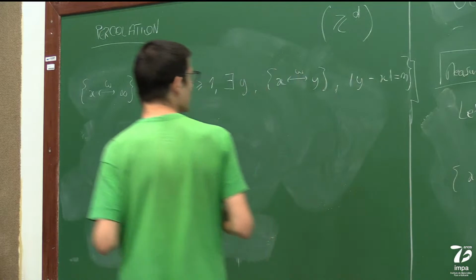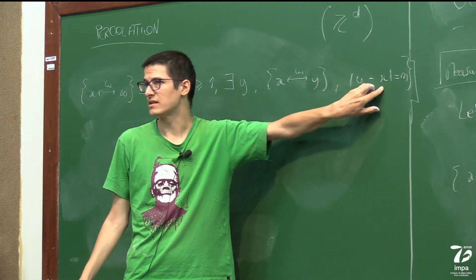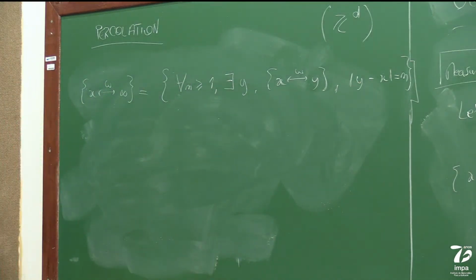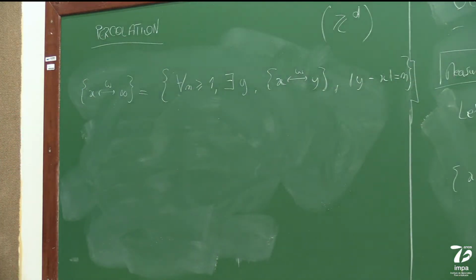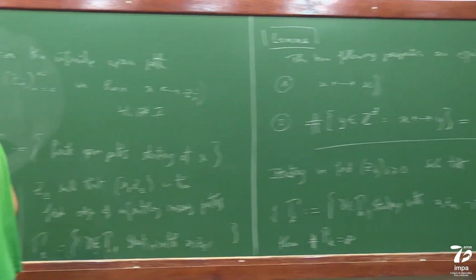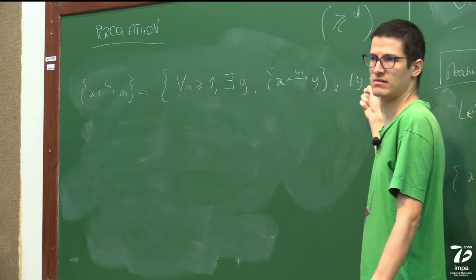Here, this is just the L1 distance between x and y, and this corresponds to the graph distance in Z^d. Here I'm just using the lemma: if x is connected to infinity, then it's connected to infinitely many points, and if it's connected to infinitely many points, it has to be connected to a point at each fixed distance.